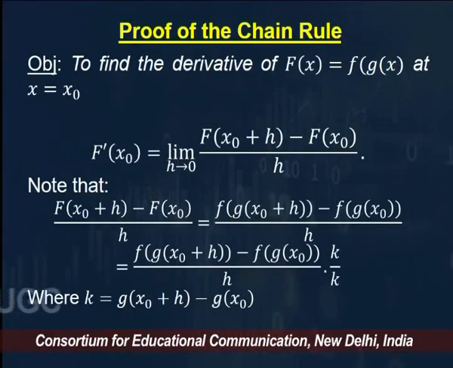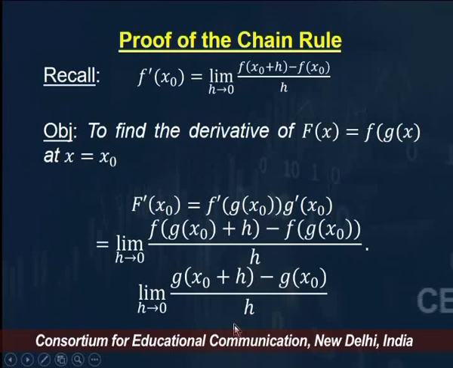Now, why have I done this? I want to bring in g of x naught plus h minus g of x naught, because if you go back to the previous slide, the result we had to develop already has this term in it. That is why I'm bringing it into the picture.